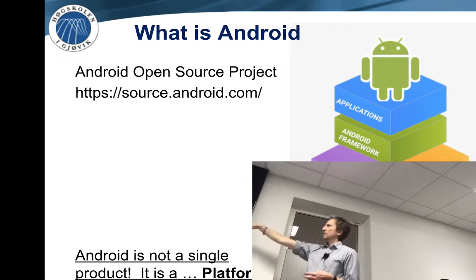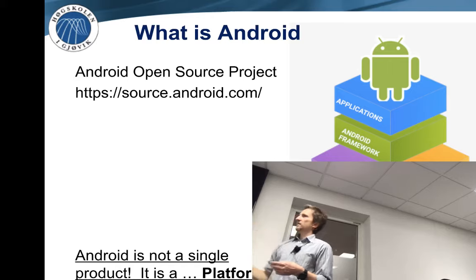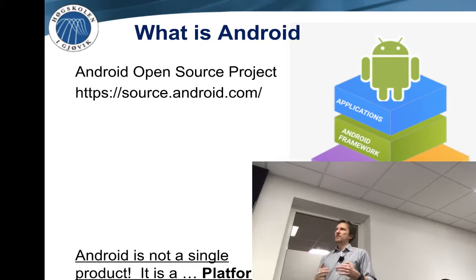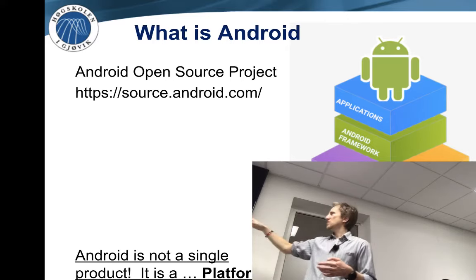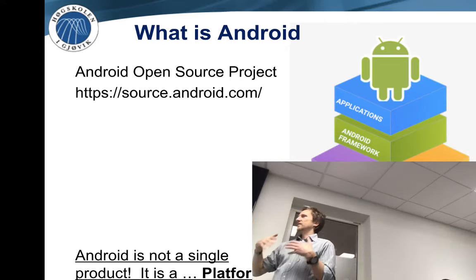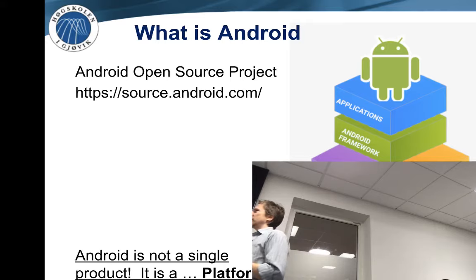What's interesting about that stack is that it hasn't really changed from the very beginning. When the Google engineers designed the platform, they designed it this way, and it stays this way because it's a good design. You can improve it, and huge improvements have been done in the HAL layer.